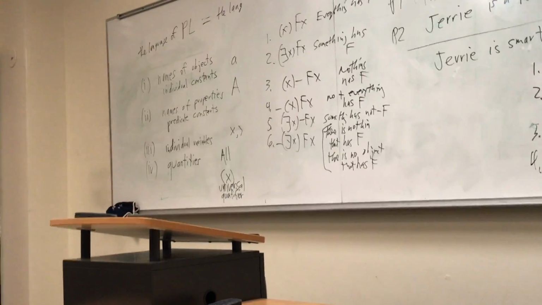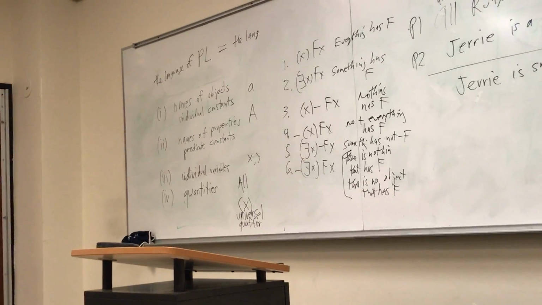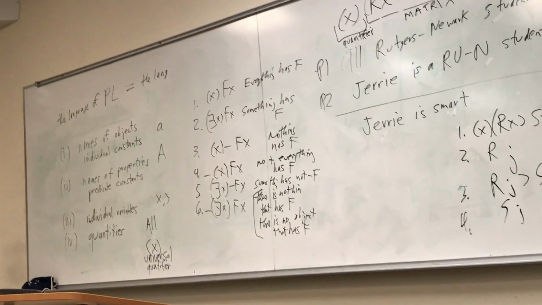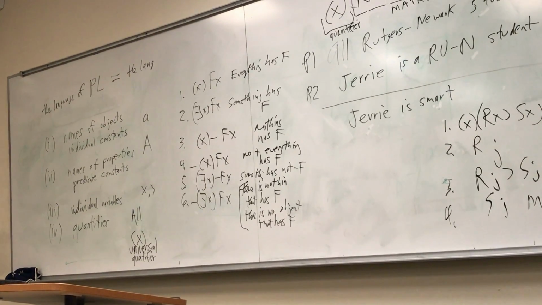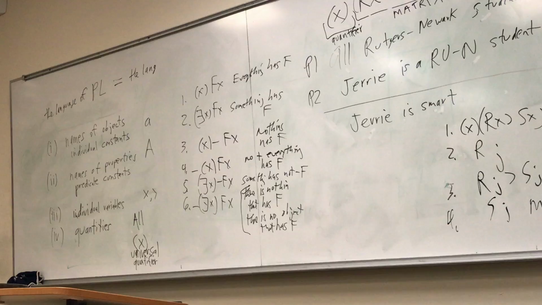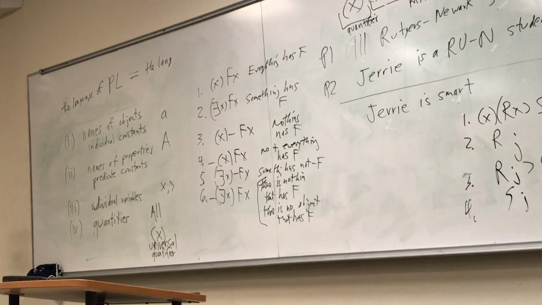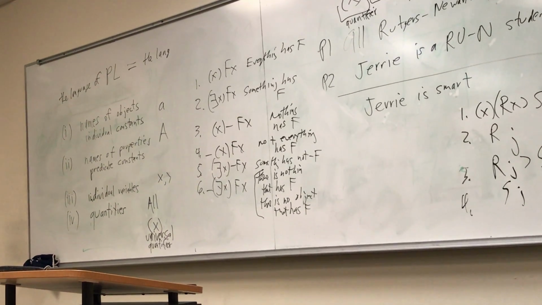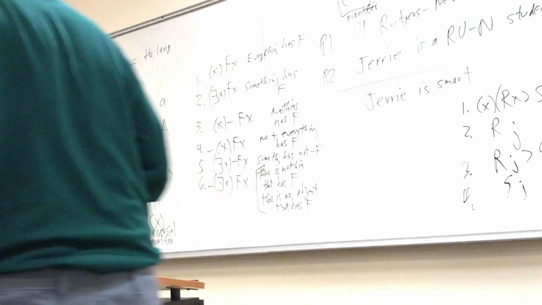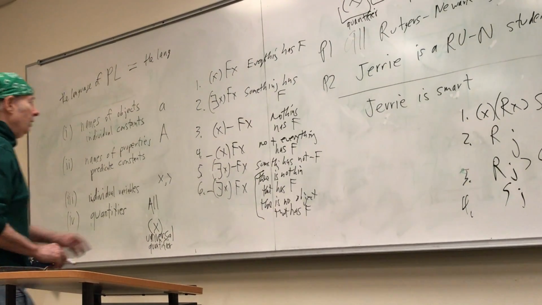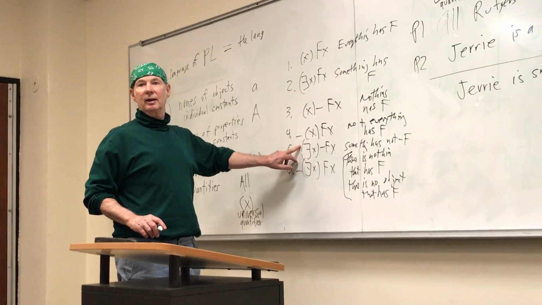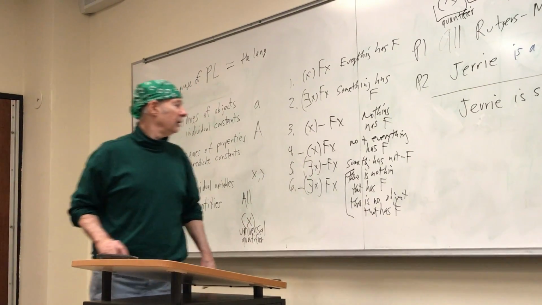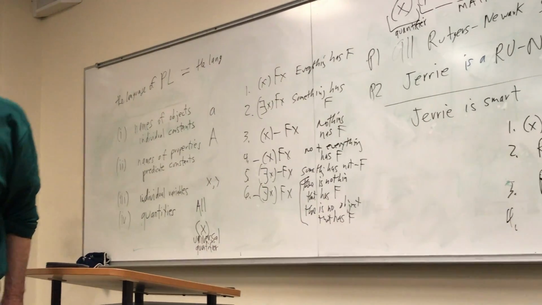Yes? Something has not, is that a squiggle F? Which one? Number 5? Yeah, that's squiggle. So that's exists x, squiggle, Fx. So when I draw straight lines, they're squiggles. All of these straight lines are squiggles. And so something has not F?